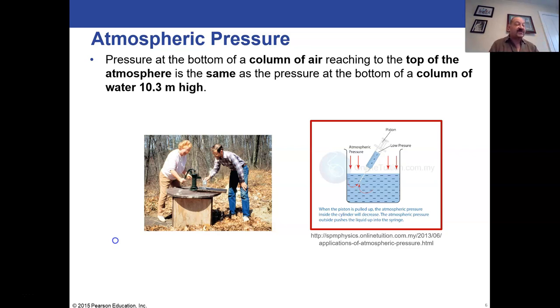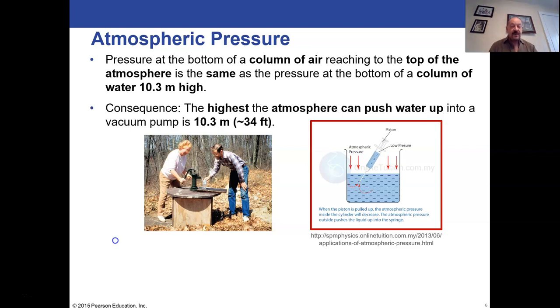And pumps work exactly the same way. When you pump, you're removing the air from the tubing that goes down, and the atmosphere surrounding the water at the bottom of your well is pushing the water back into the pipe so it goes up to the top of the well.